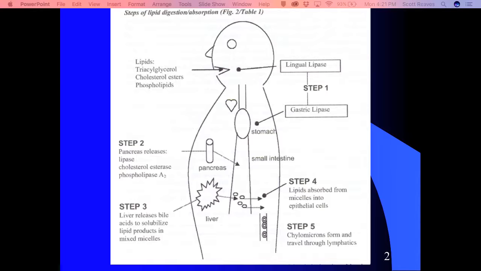Got all this. So step 2 and step 3 are kind of combined, or they occur at the same time. In step 2, that's when the pancreatic enzymes are released.